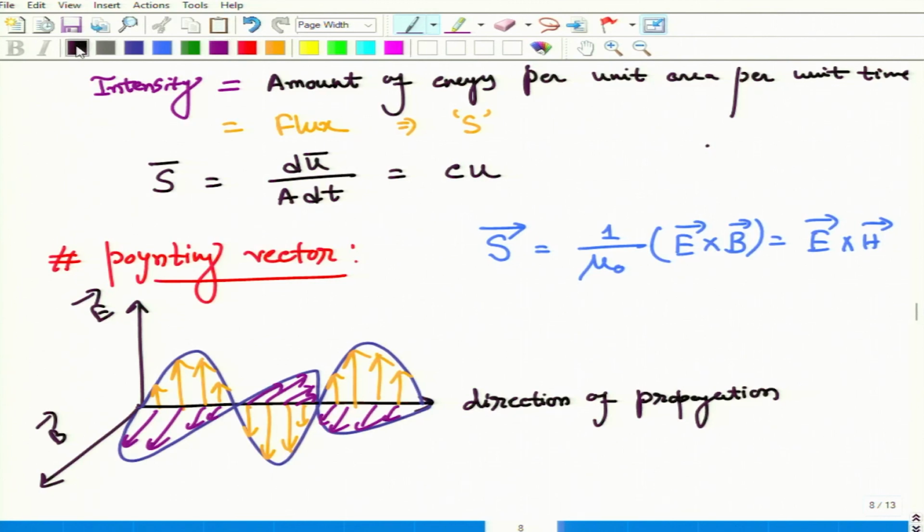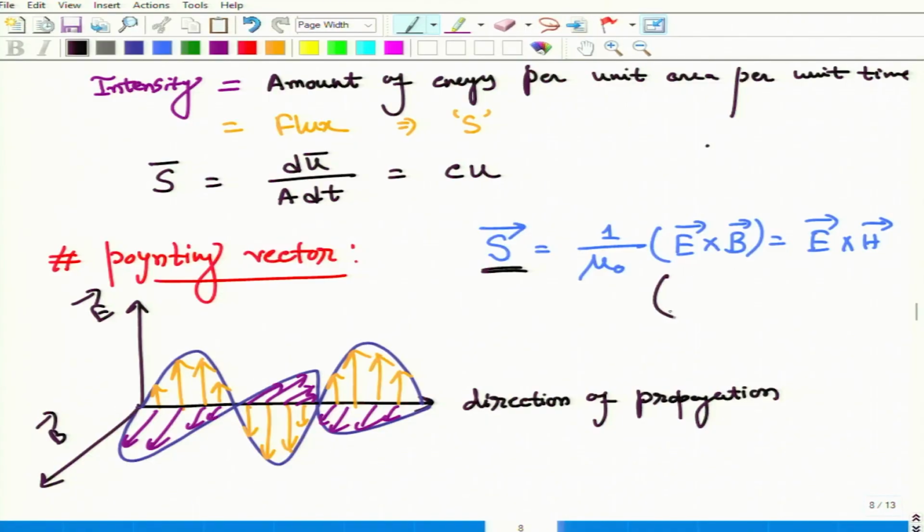Now here the Poynting vector is defined like this. E is along the z axis, B is along the y axis. Then what will be the direction of E cross B? If we apply the right hand rule, E cross B will be along the x direction, which is essentially the direction of propagation.